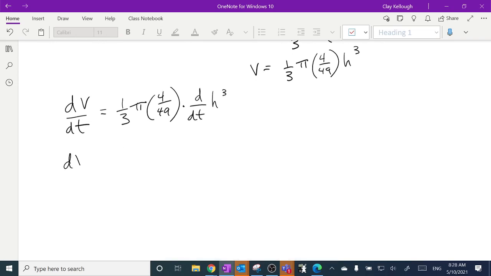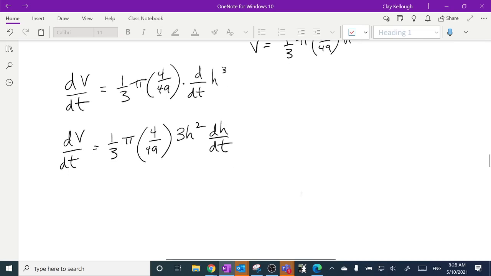So that is chain rule. You could also think of it as implicit differentiation because, again, we're differentiating not with respect to the variable h, but the variable t. So this ends up being 3h squared times dh by dt.